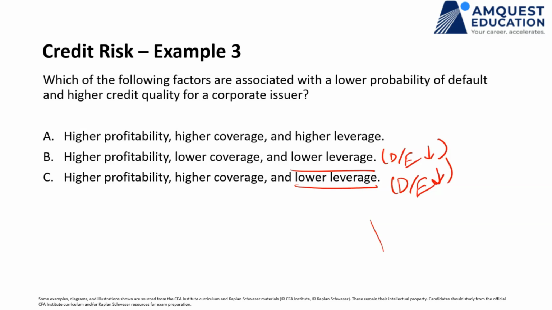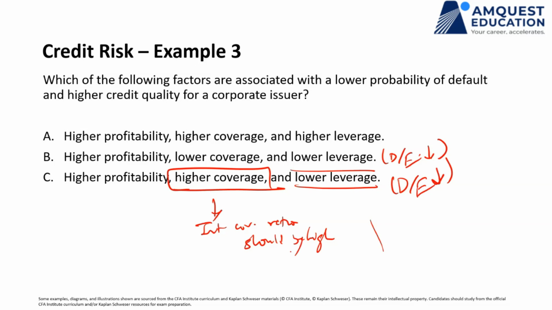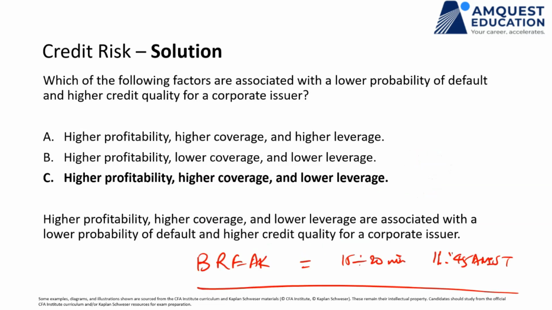For high credit quality, low leverage, and higher coverage ratio, your interest coverage ratio should be very high. So your answer should be C here, high profitability, higher coverage, and lower leverage. Perfect.